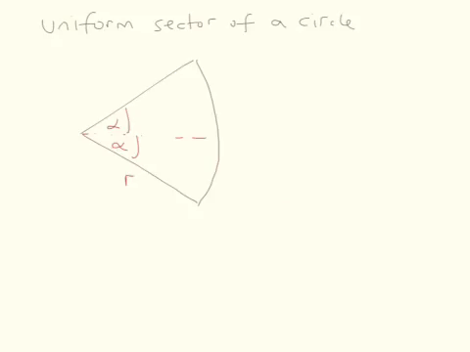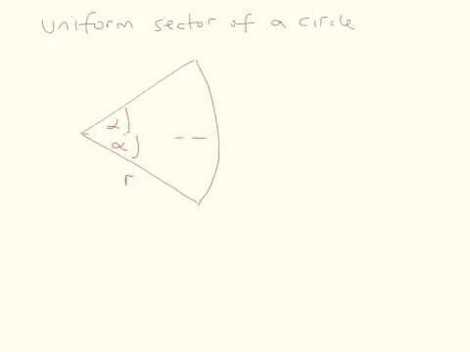Now we're going to look at a uniform sector of a circle, just a part of a circle. And here we've got this diagram, and I've drawn in the line that cuts the sector into 2. Clearly the centre of mass is going to be along this line, but how far along this line?